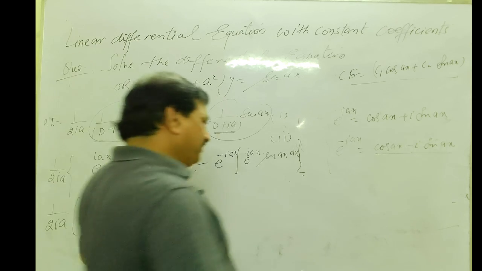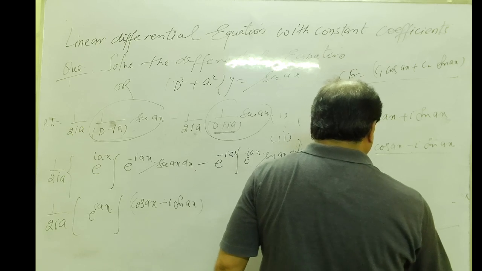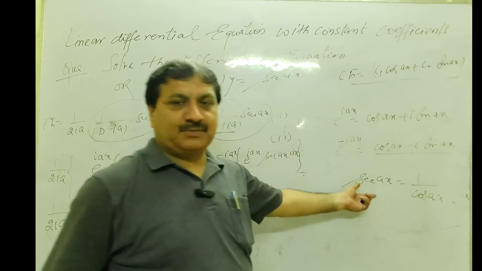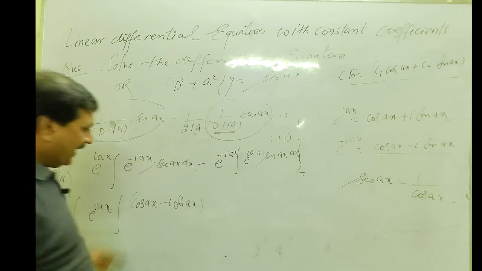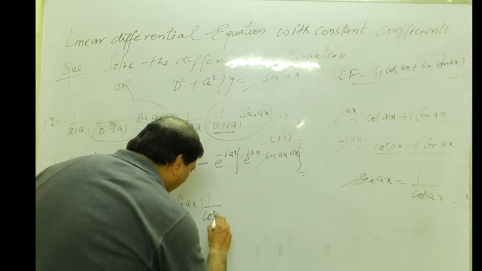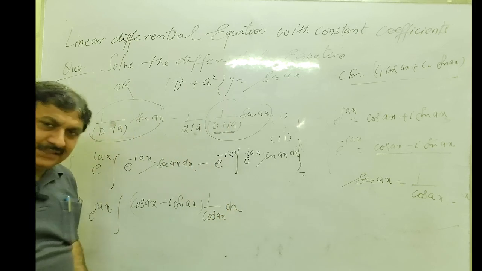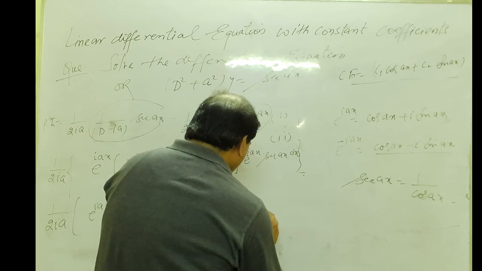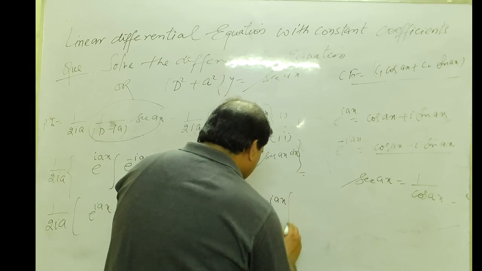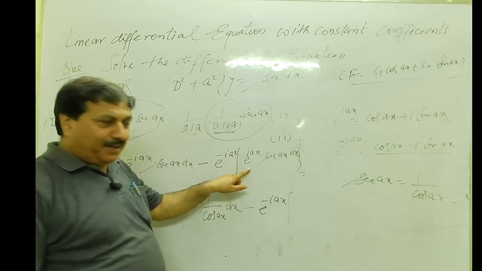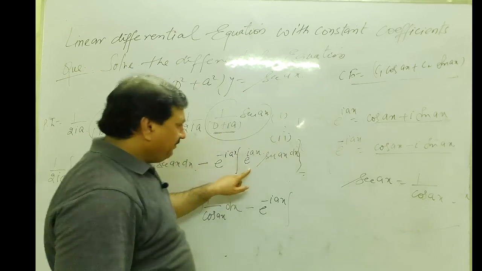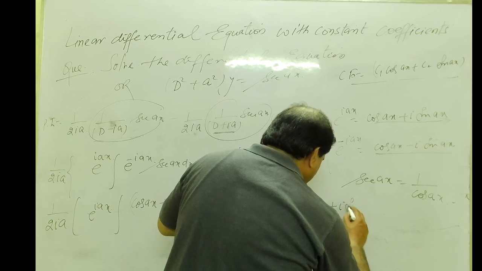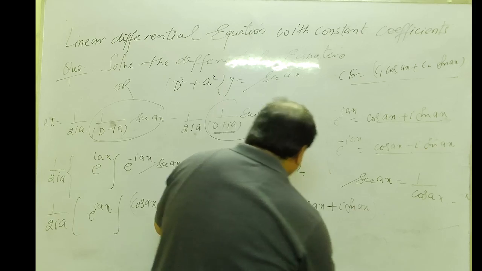But here in the case of trigonometry, sec ax equals 1 upon cos ax. This is the reverse part of trigonometry. That means for sec ax, write down 1 upon cos ax. Any doubt? Okay, next part, the second part: minus e power minus iax, integration as it is. Put the value of e power iax. This is the positive case. That means here cos ax plus i sin ax, and again put sec ax.